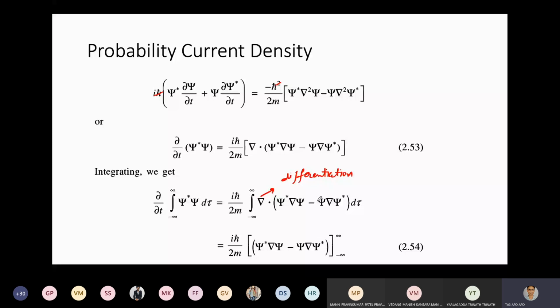So the right hand side has this function multiplied by this term, which is equal to this term, which is ∂/∂t of this integral.